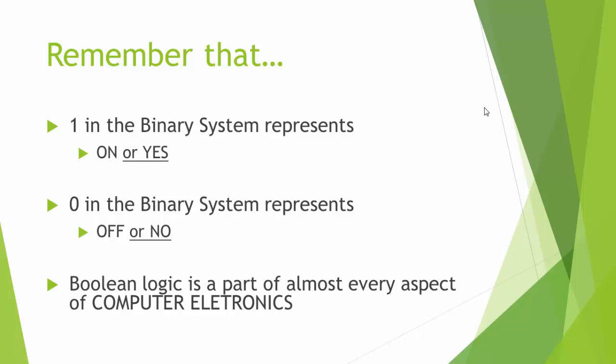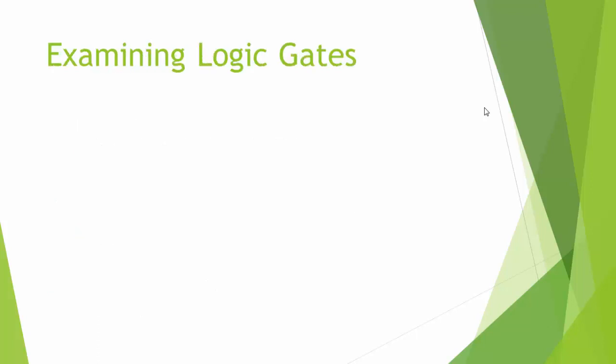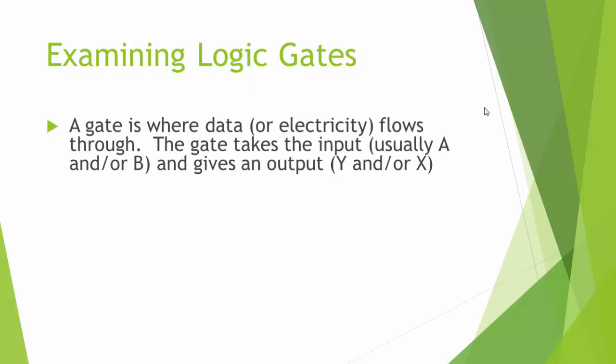And in fact, it does, and it's a part of almost every aspect of computer electronics. So we can look at something called a logic gate that takes a signal and does something with it. It can take an input, we usually refer to that as A or B, and it can give an output, which we refer to usually as Y or X, unless we need more variables.